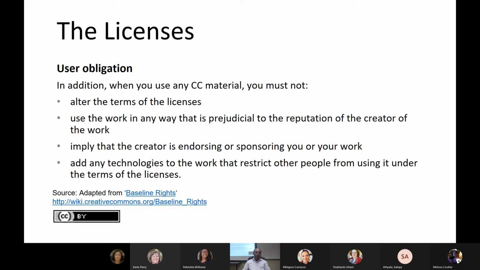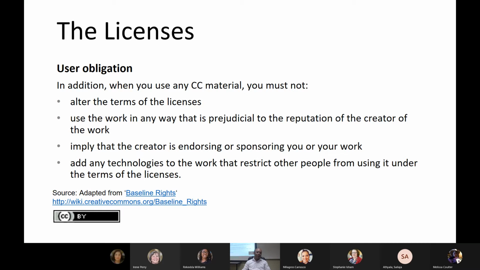In addition, when you use any CC material, you must not alter the terms of the license. For example, if you get OER materials, you use these materials and at the end of the copyright notice, you just change it to CC BY NC or something. That's not acceptable.